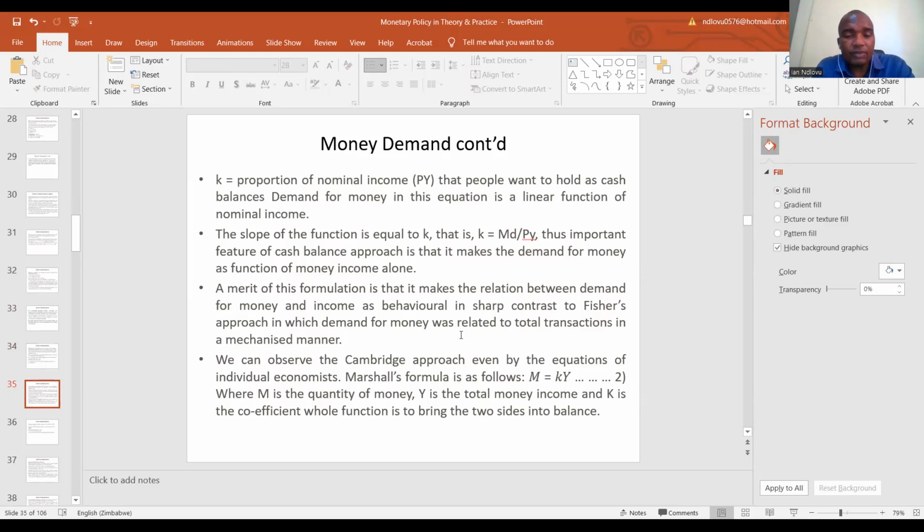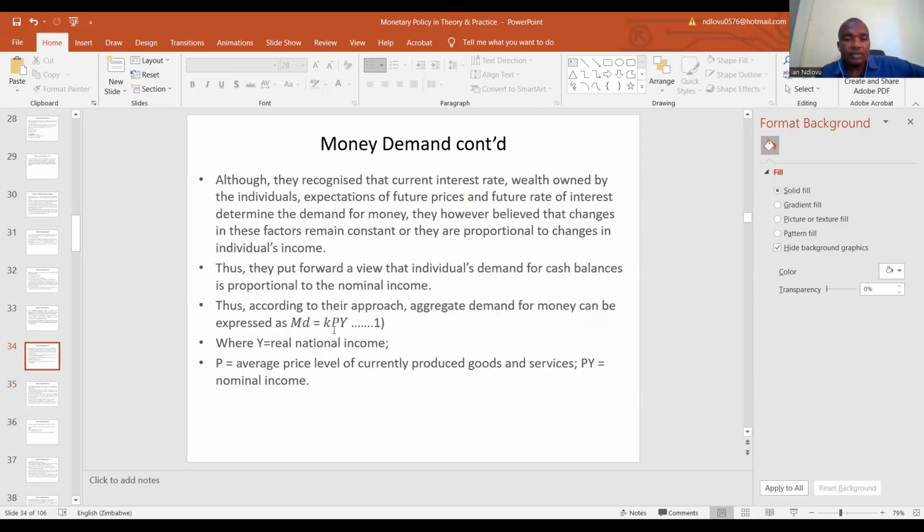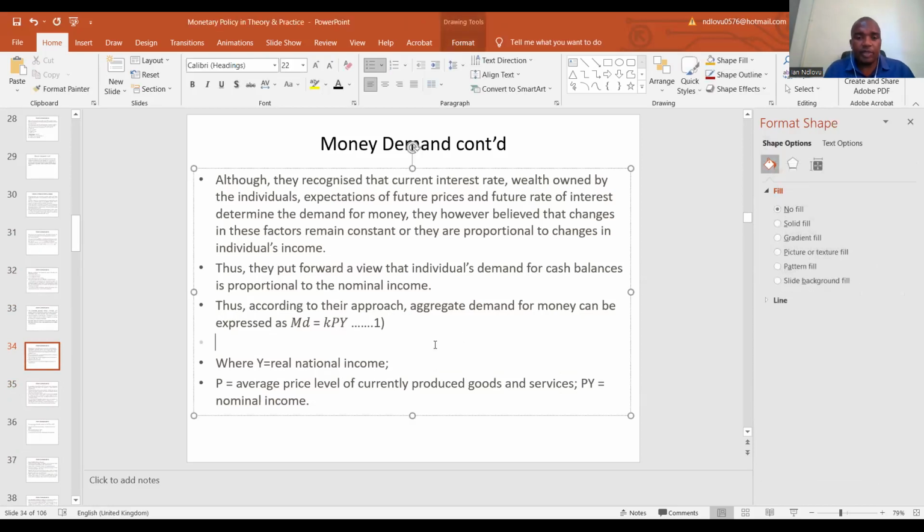The slope of the function is equal to k. So if we make PY the subject of the formula, we will have PY being equal to Md over k.